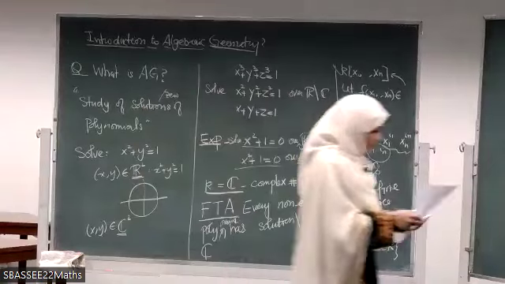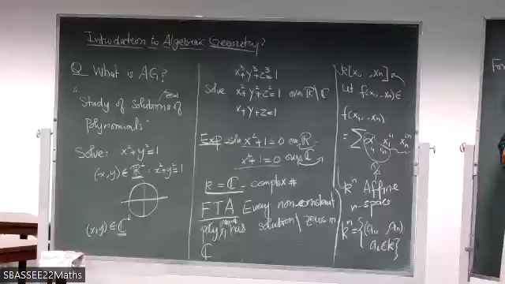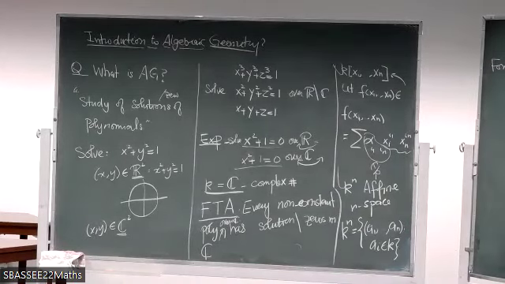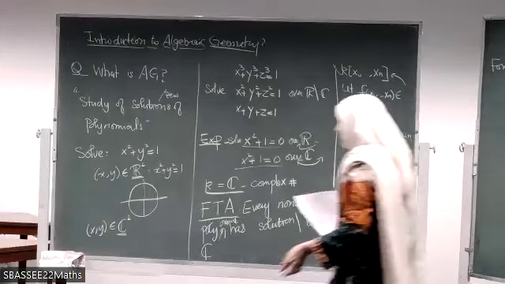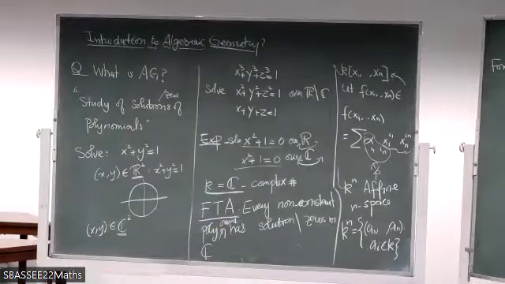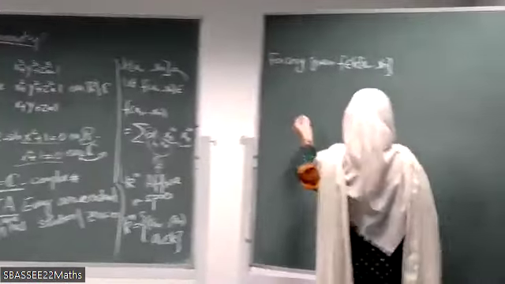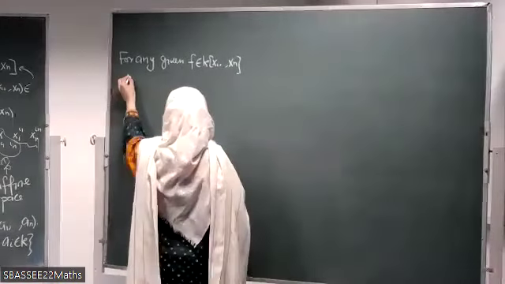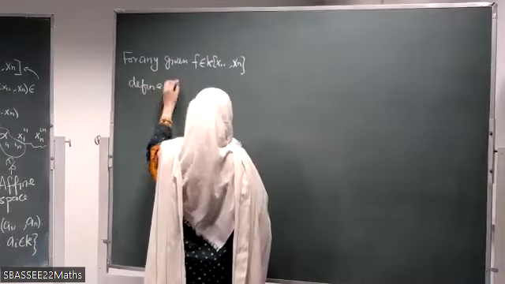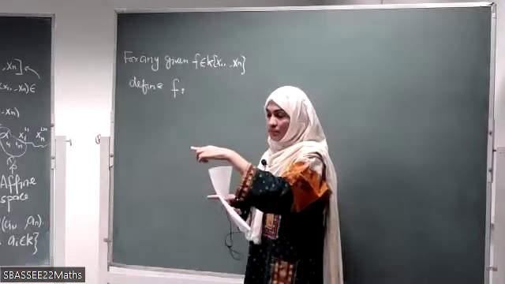So yes, there is a connection, because for any given polynomial f here, we can always define a map from Kn to K. So this polynomial is actually giving you a map.